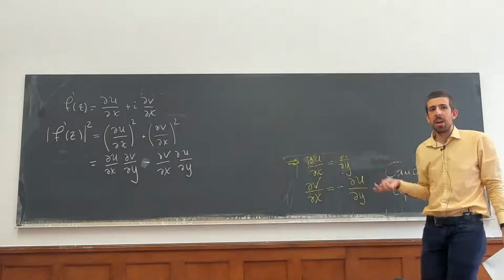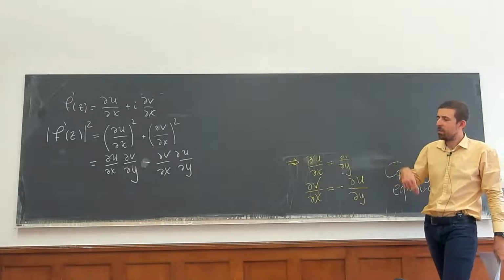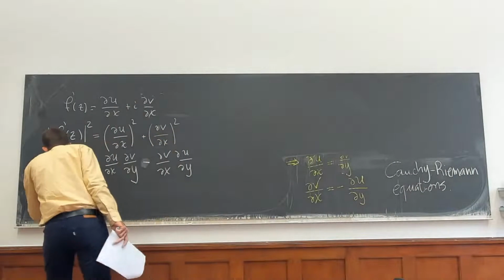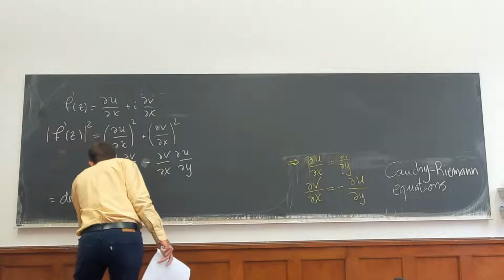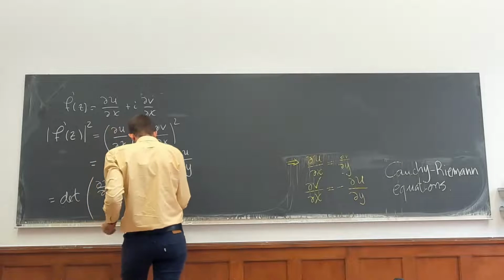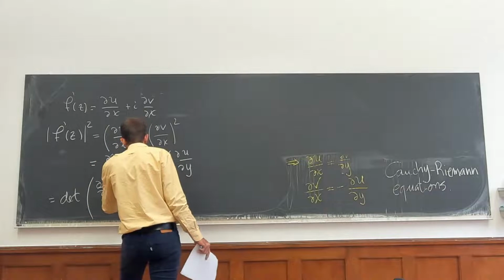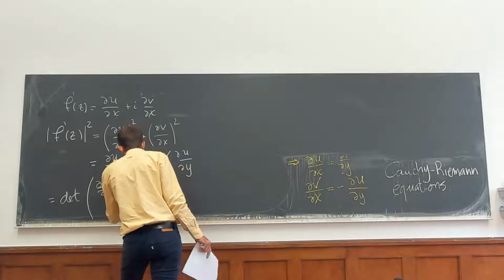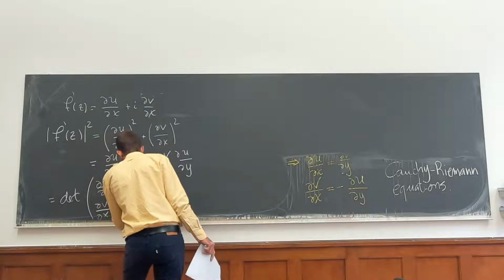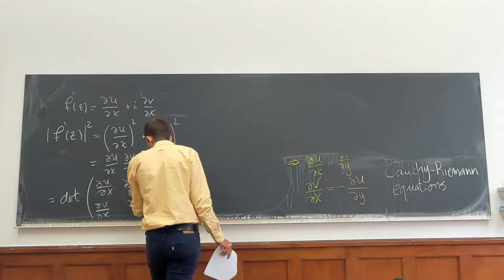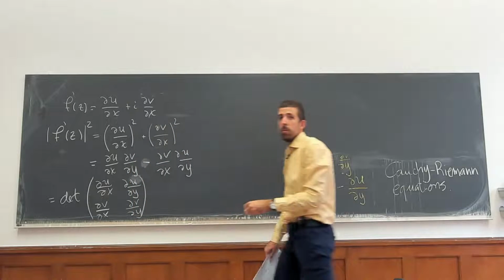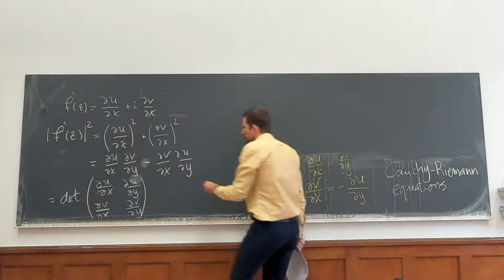Okay, but this you might recognize is exactly the Jacobian of the function if we think of the function going from R2 to R2. In particular, this is the same thing as taking the determinant of the matrix, which is exactly the Jacobian.